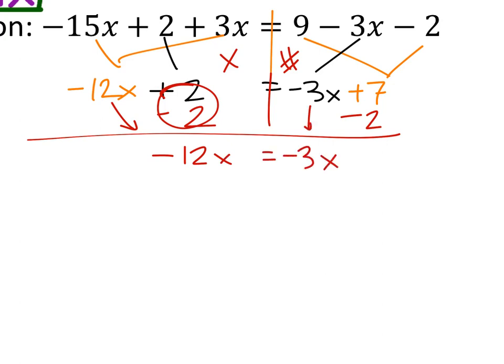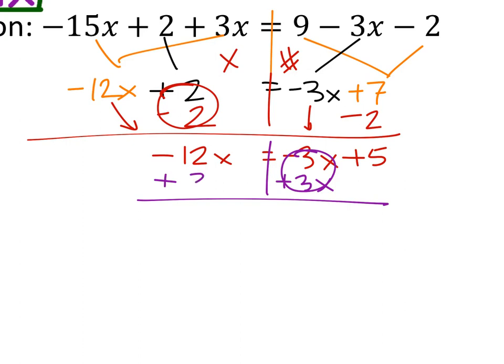But 7 minus 2 would give us a positive 5 there. But then I've got the negative 3x on the wrong side of the equal sign, so I'm going to have to add 3x to zero that out. But I've got to do it to the other side as well. Negative 12x plus 3x would be negative 9x. And then this equals this 5.